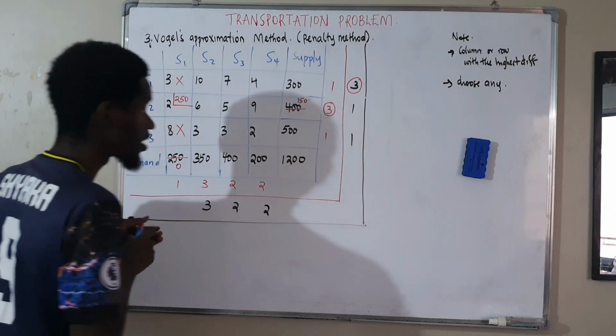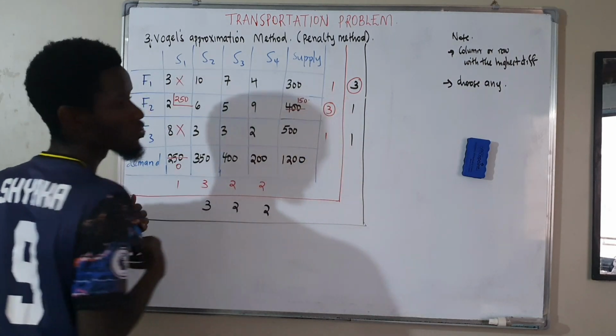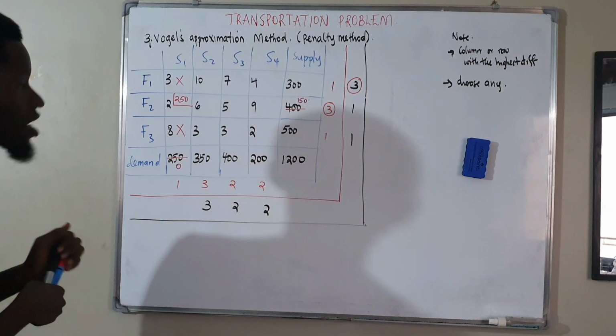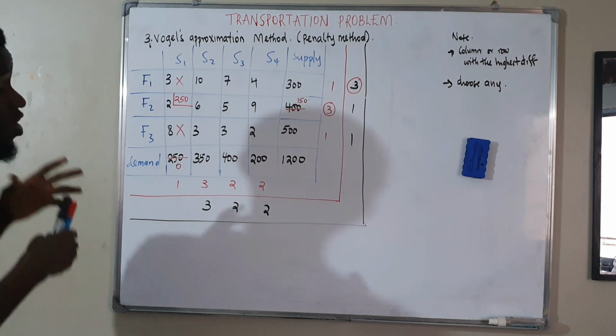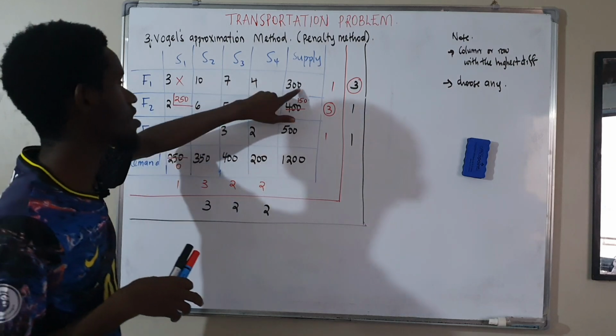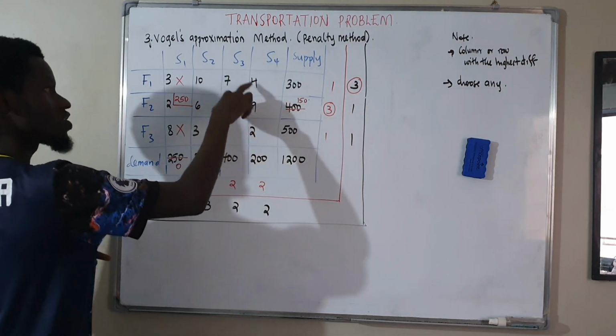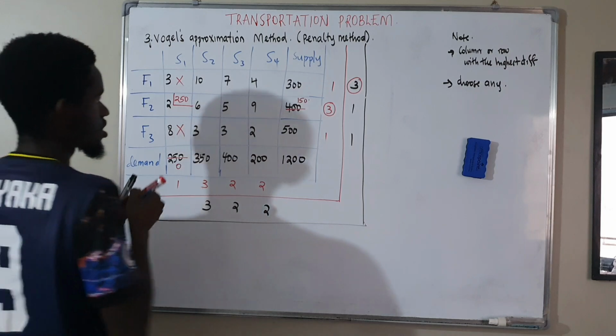Now from there, if I choose this 3, then I'll come inside into this row of 3. I choose which value to take, that is, what is the smallest value inside here to go with first. If I look at 10, 7, and 4, this 4 is the least cost, therefore I'll take the least cost, which is 4.